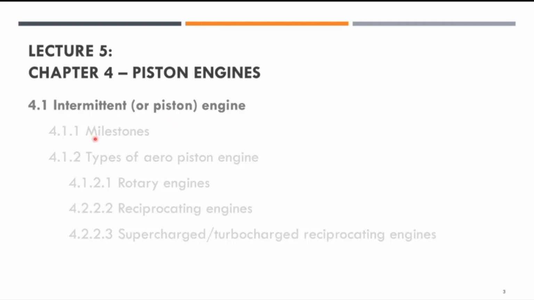We will look into the milestones of piston engines, the historical background of piston engines, and then we will also look into types of aero piston engines that are used in aircraft, which include rotary engines, reciprocating engines, and supercharged or turbocharged reciprocating engines.